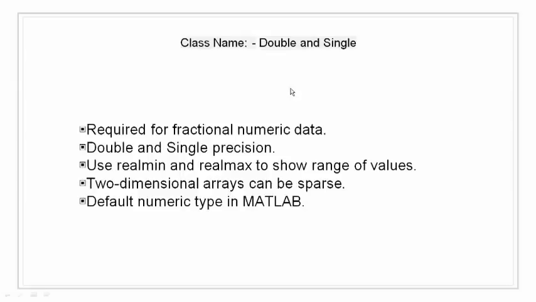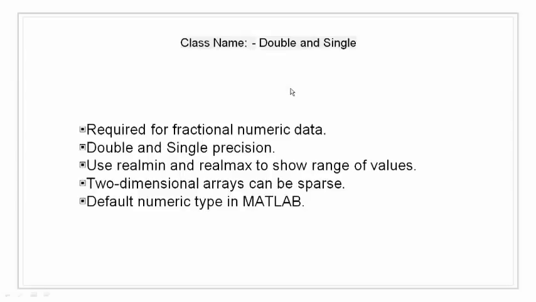The single class deals with single precision and the double class deals with double precision data. The double precision data is the default. We can know the limit of the maximum real number our computer can handle by typing the command realmax. We can also know the limit of the minimum real number that our computer can handle by typing the command realmin. These extreme numbers vary from machine to machine.